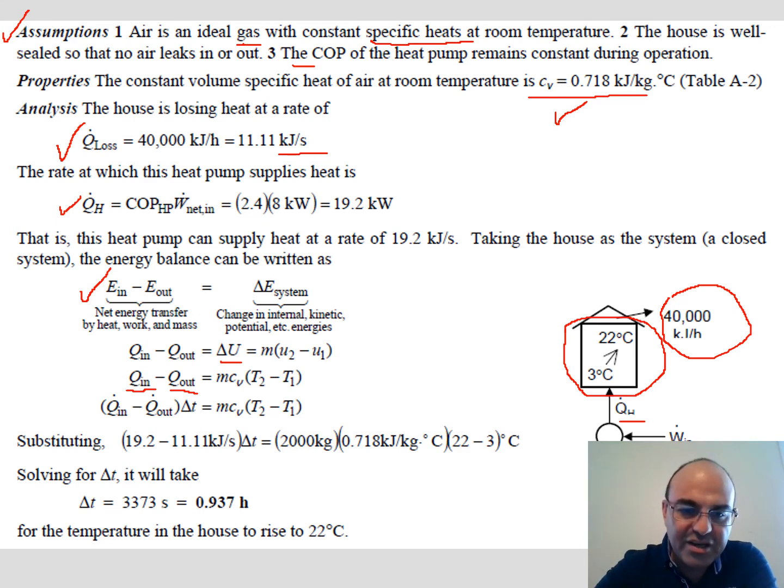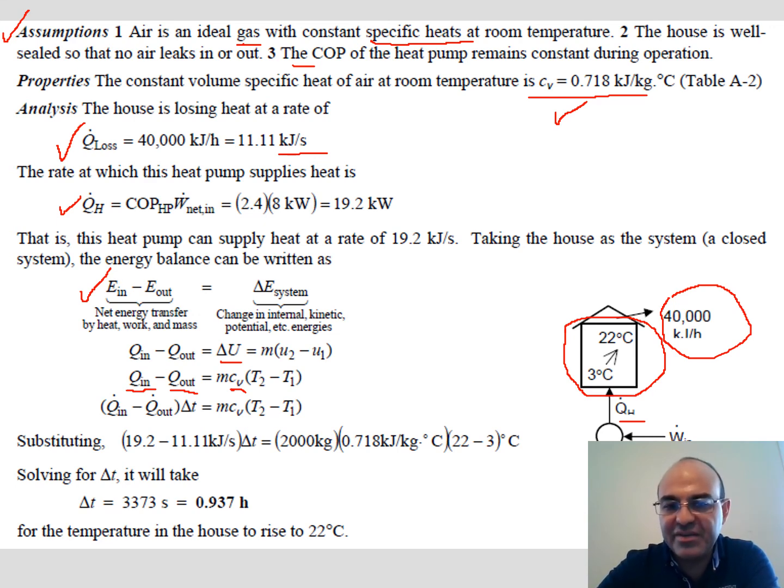It's equal to delta U, or delta U is equal to m C_V delta T. This is an ideal gas, so the change in the internal energy is C_V delta T. Based on this, for air we do need C_V, which we found from table A-2. We don't need C_P.